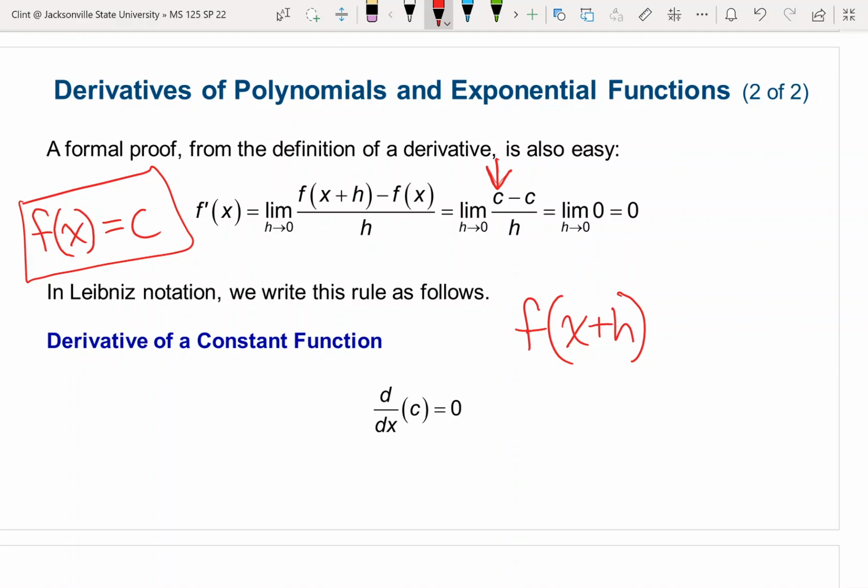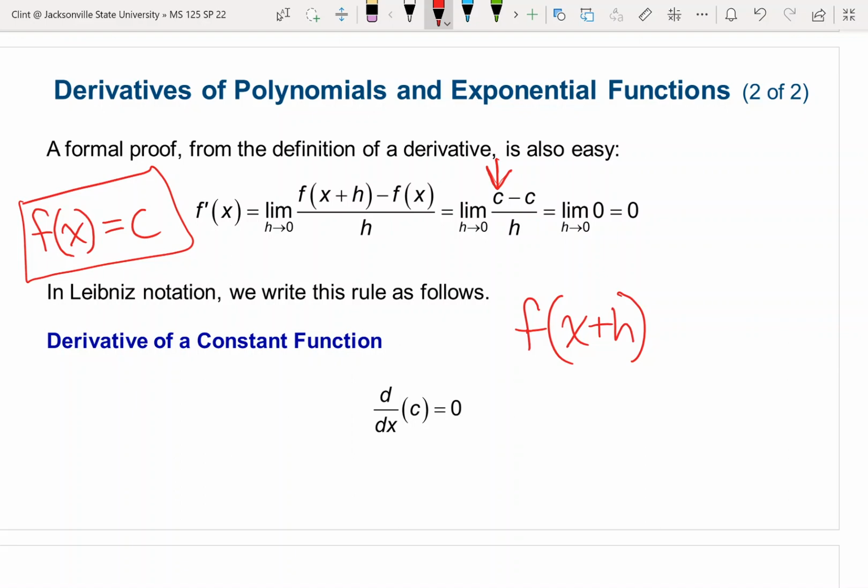We're just getting c. How are we just getting c? Just a constant there. When does that happen? So how would we find this? We would take x plus h, and we would plug it in everywhere we had an x in our function.